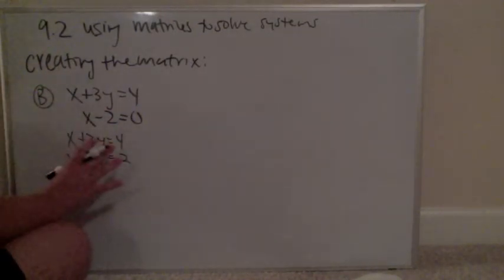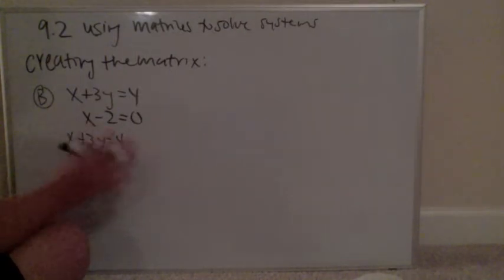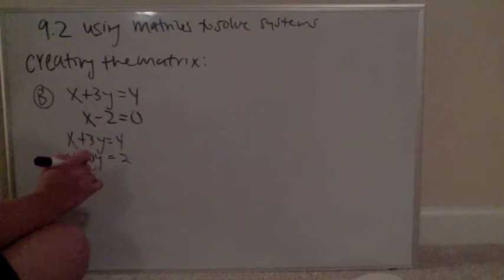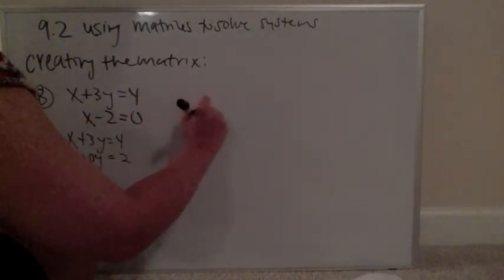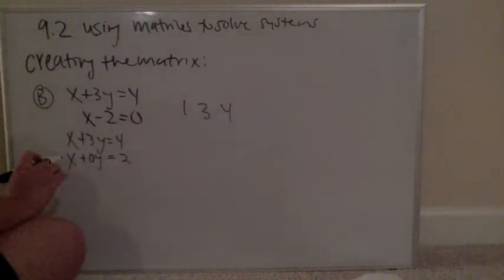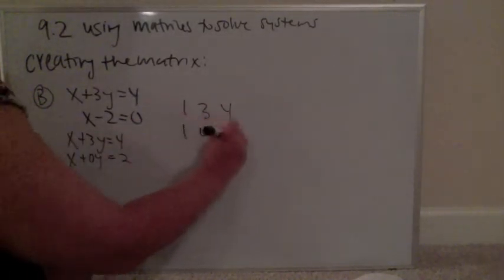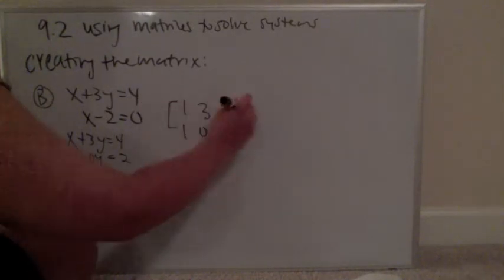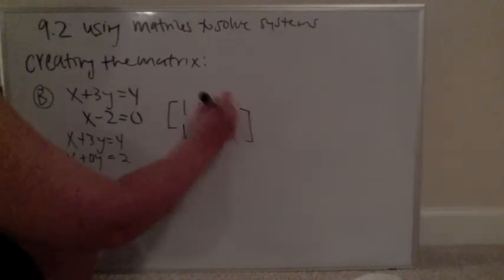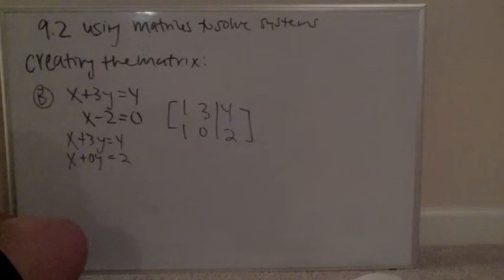Now after I have it set up like this, I can set up my matrix. So the first row will be 1, 3, 4. The second row will be 1, 0, 2. Add in our matrix bars, add in the line there.